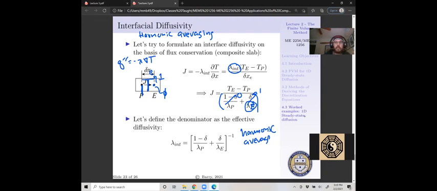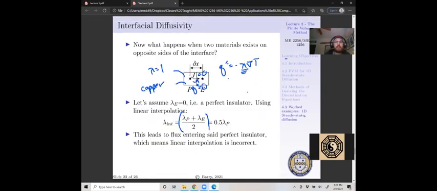Now what's cool is, let's go back to this guy. Let's set lambda P is equal to 10. Lambda E is equal to 6. If we did a straight arithmetic average, and delta was taken as 1/2 our distance, we would have a value of 8.